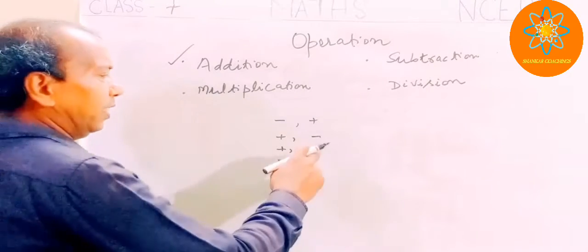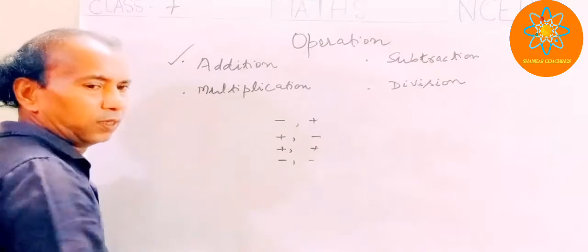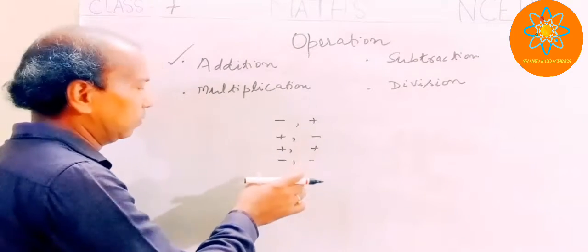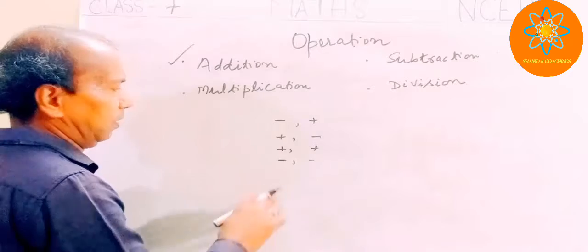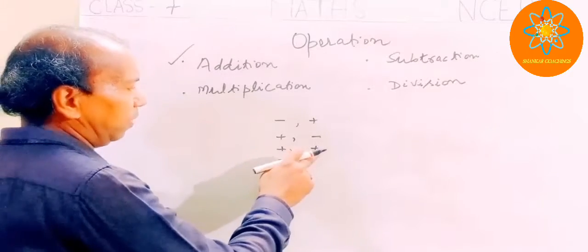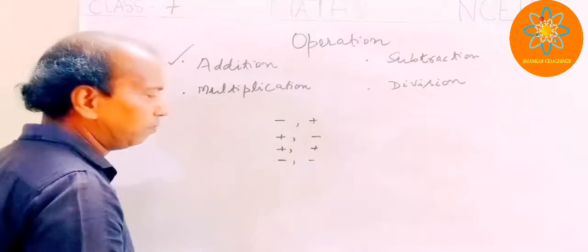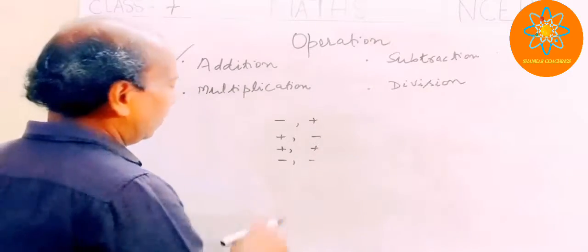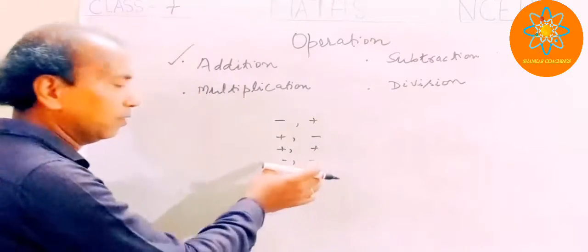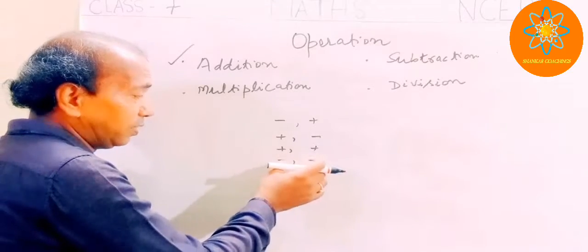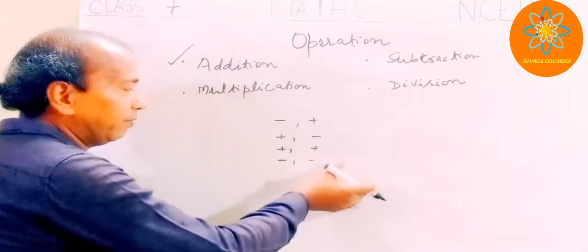In the last two cases, we add both integers, and if it is plus and plus, then simply we add and make the sign plus. If both numbers are negative, we just add them and give the sign negative.